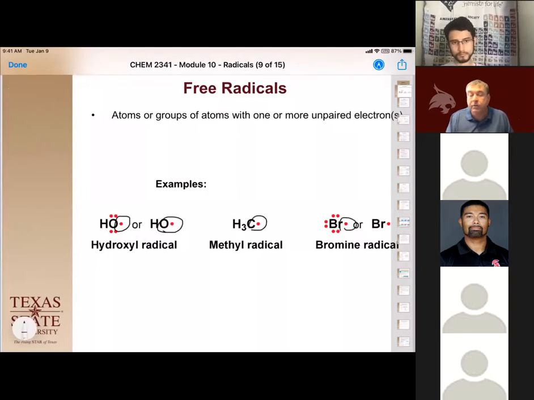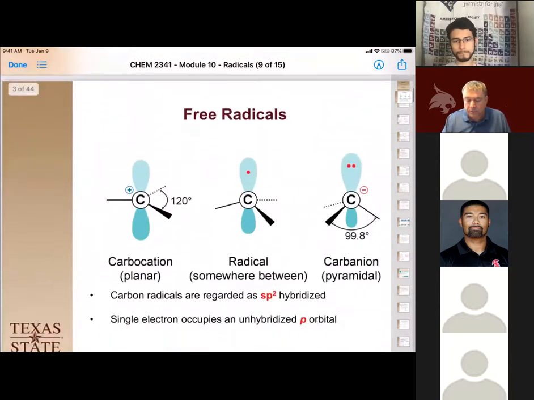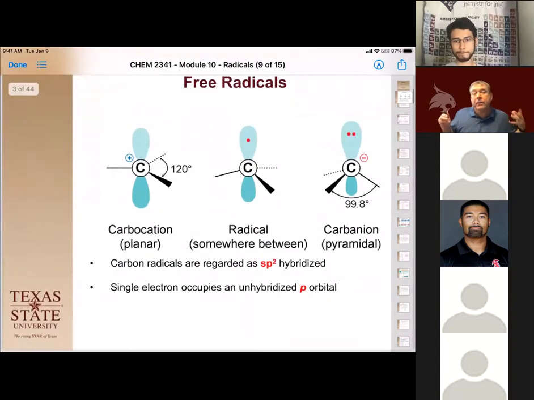This unpaired electron is significantly more reactive than our regular nucleophile or electrophile, because those can be stabilized by solvents and stuff like this. In this case here, they react differently than electrophiles or nucleophiles, and therefore they're their own class of chemical reactions.